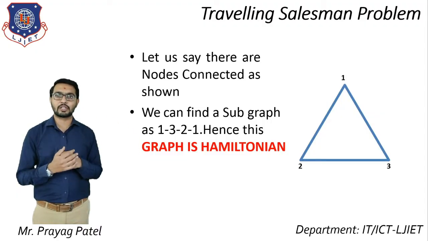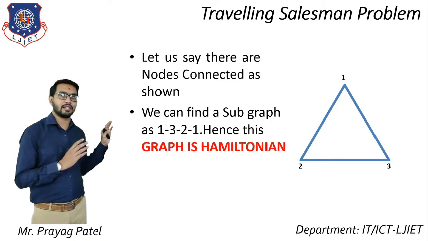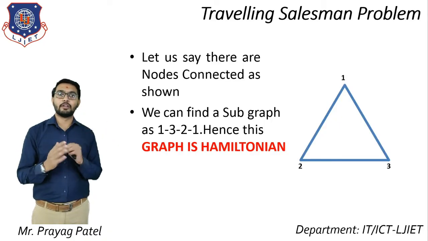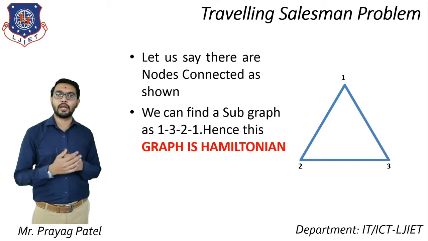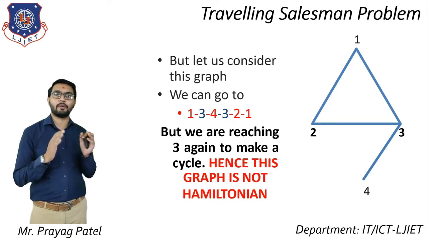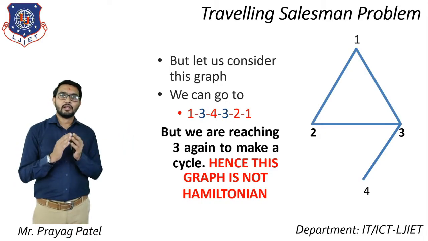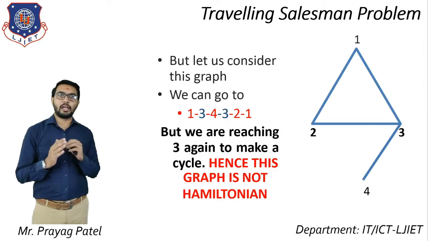So 1 is your starting state and 1 is your ending state, and both states 2 and 3 are visited. So this is considered a Hamiltonian cycle or Hamiltonian problem using a graph. For understanding the Hamiltonian cycle, consider this figure. Here consider nodes 1, 2, 3 and 4.